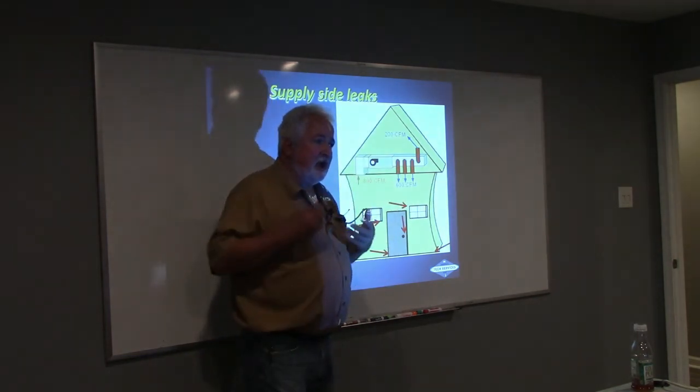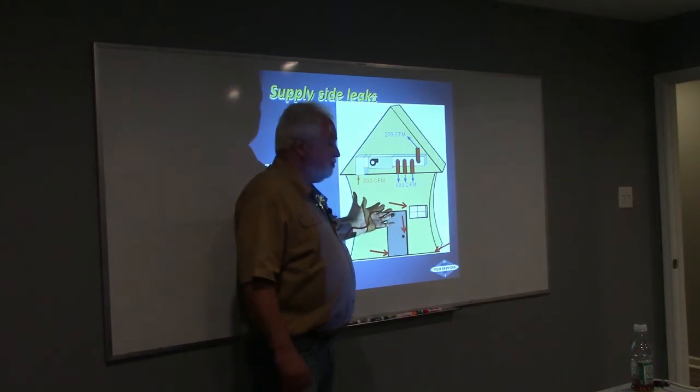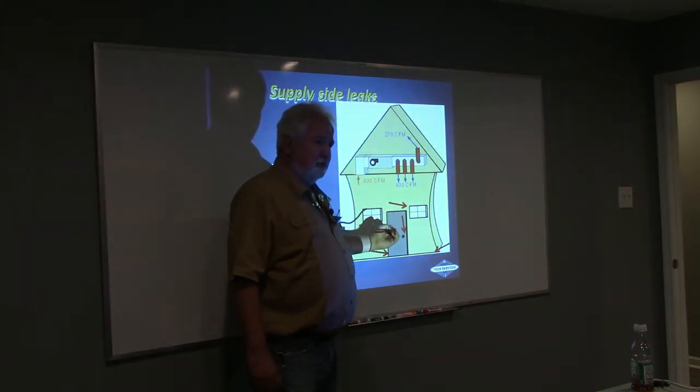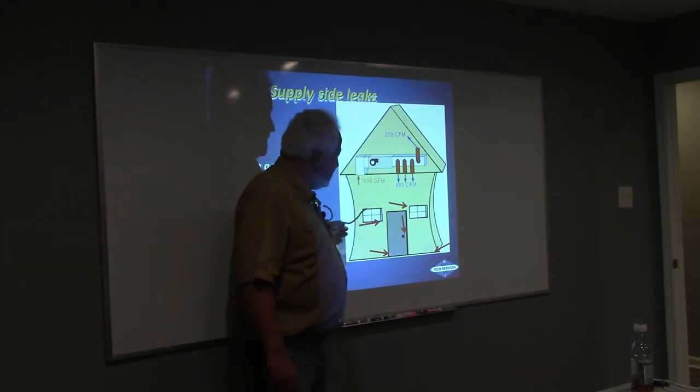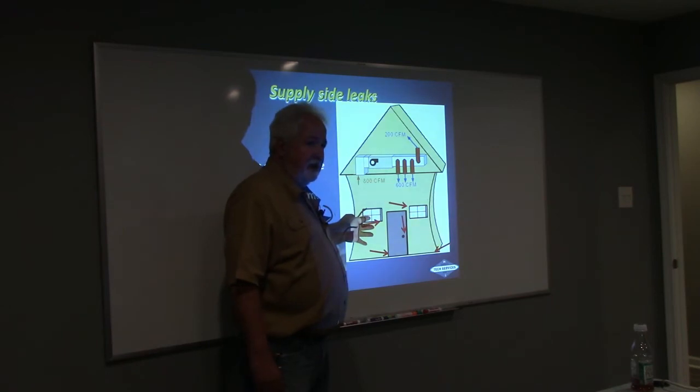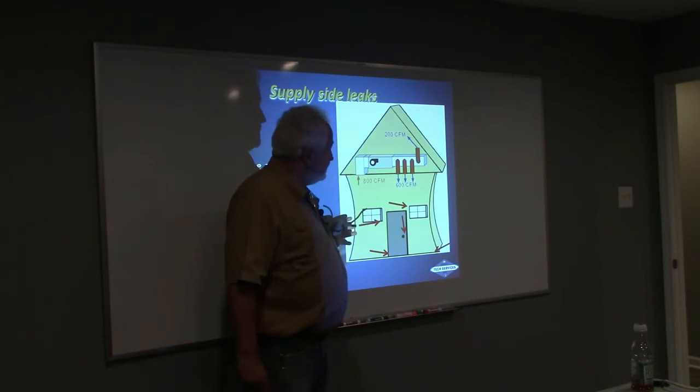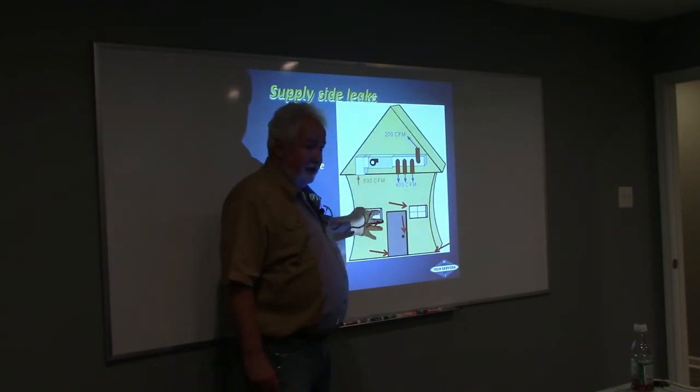If I'm sucking out more than I'm putting in, that whole home just went into a negative pressure. If it's going into a negative pressure, I'm not just losing 200 CFM out here, I'm sucking in 200 CFM here. And in Louisiana, we said it's hot and humid. So I'm sucking in moist air in here.